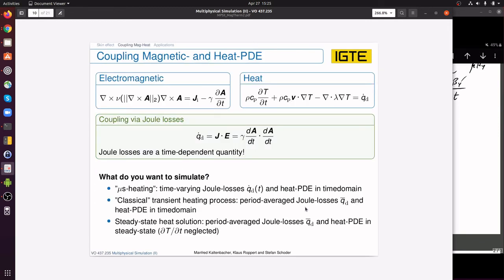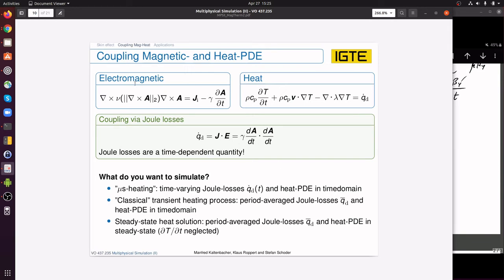Okay, so the next part we'll be dealing with is how to actually couple the solution of the magnetic problem with the heat PDE. And as I've already told you last time, we're doing this coupling via the so-called Joule losses, so this J in E term.